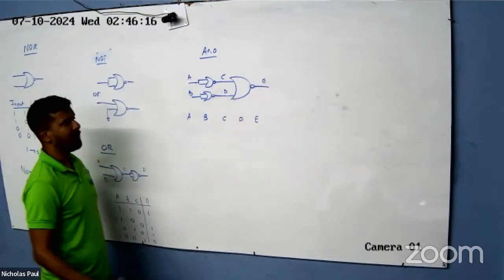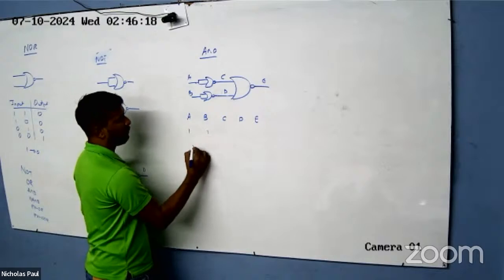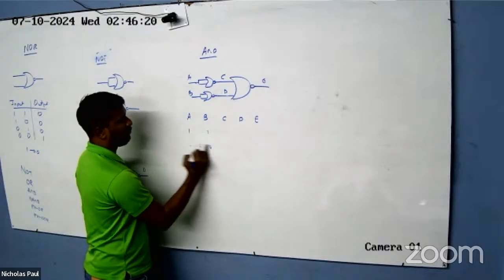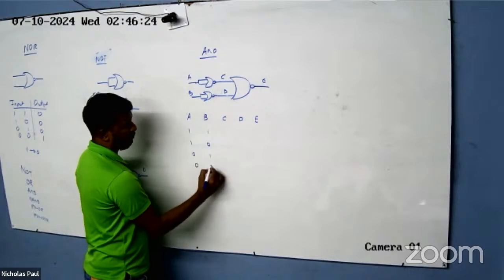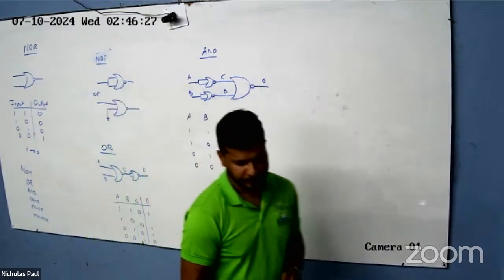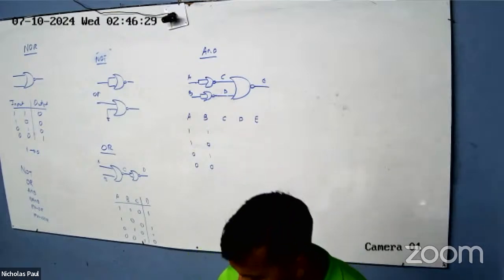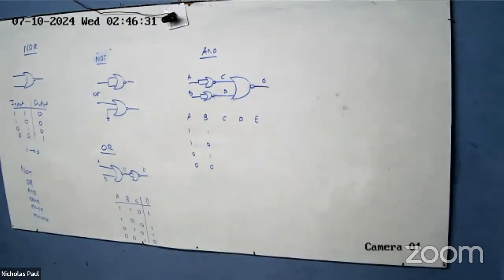Complete this truth table, please, and make sure. You recognize we're using NORs only. Right? We made NOTs, we made ORs, and we made an AND.